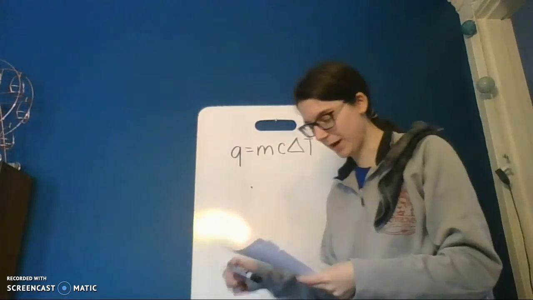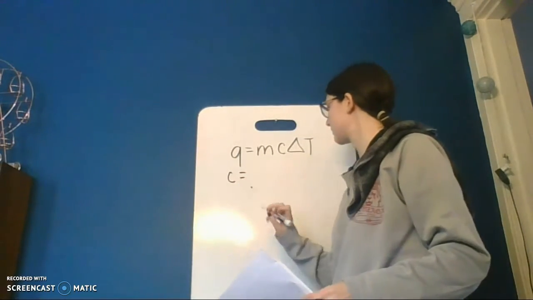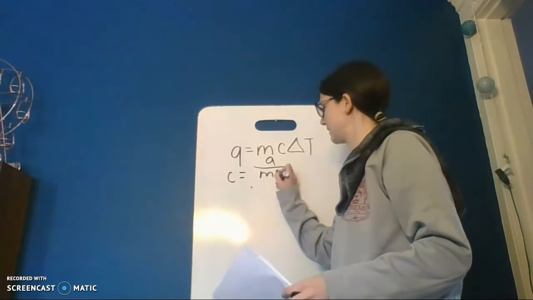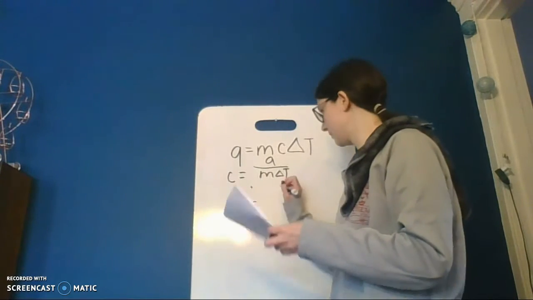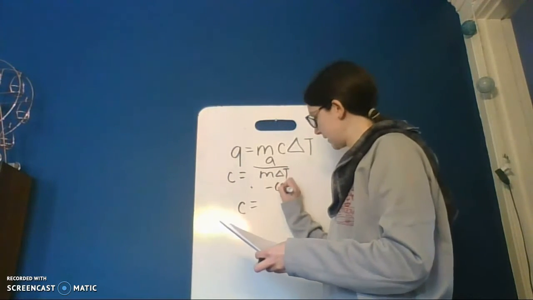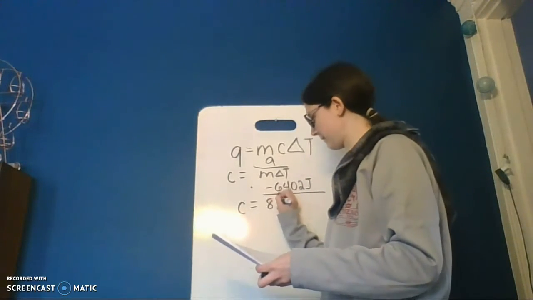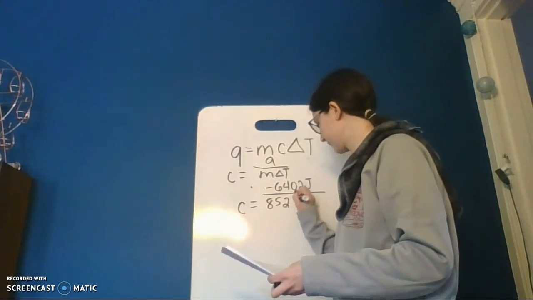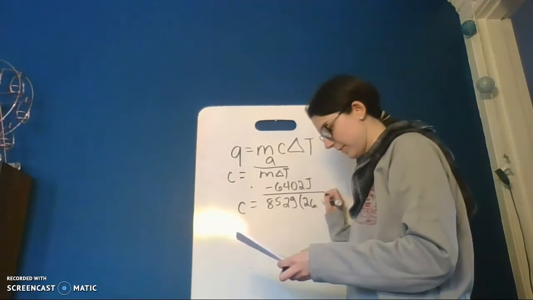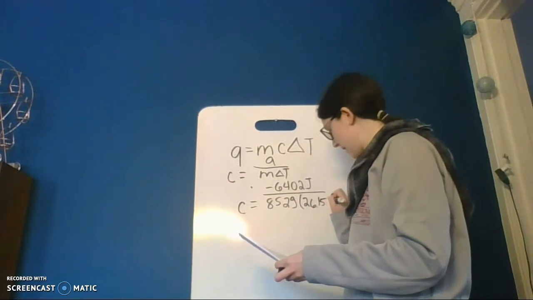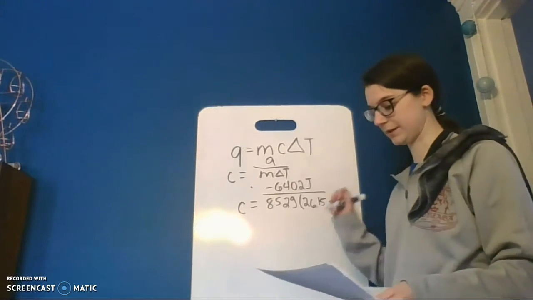We're going to be using the same equation, but this time we are solving for C. So we're going to have C being equal to Q divided by M delta T. So C, the specific heat of copper, is equal to Q, negative 6,402 joules, divided by our grams of copper, which is 85.2 grams, times 26.15 minus, this time the initial temperature isn't 22.55 degrees Celsius, it's 221.32 degrees Celsius.